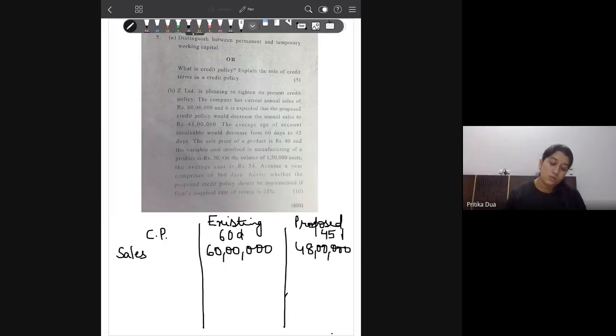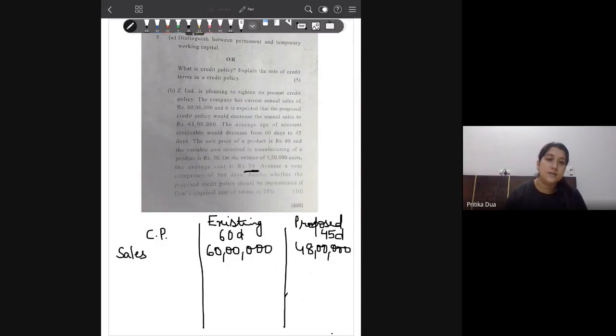On the volume of 1,50,000, the average cost is 34. So you assume a year of 360 days and advise whether the proposed credit policy should be implemented if the required rate of return is 25%.